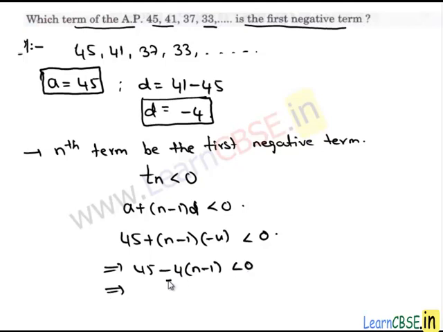Let us transpose negative 4 times (n minus 1) to the right side of this inequality sign. Then we have 45 is less than 4 times (n minus 1). Let us rearrange this. That means 4 times (n minus 1) is greater than 45.